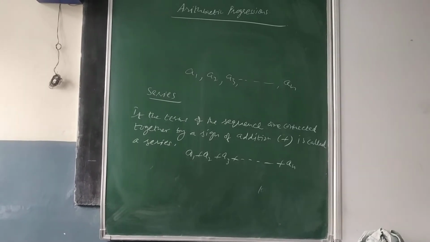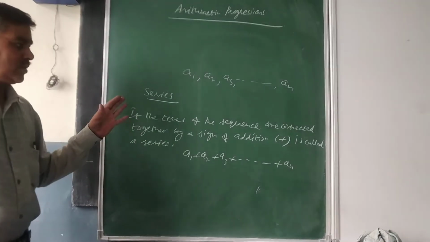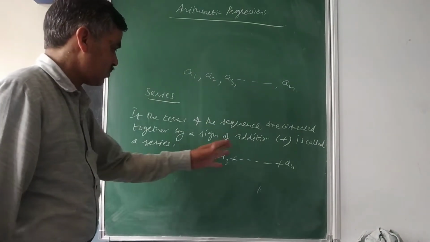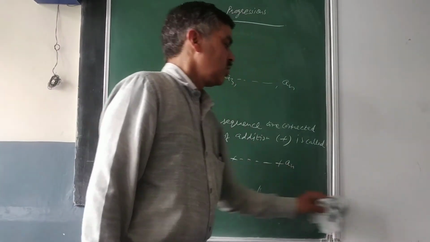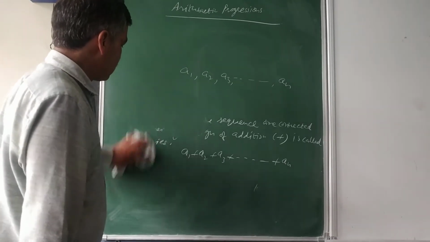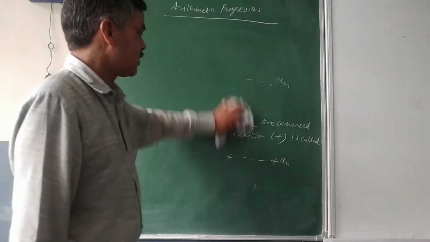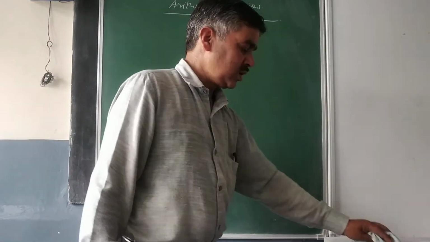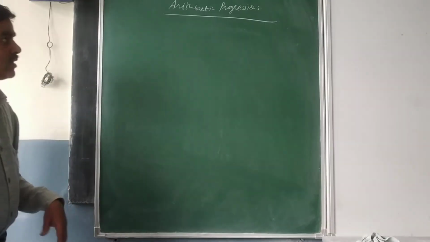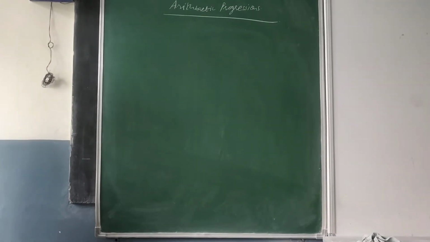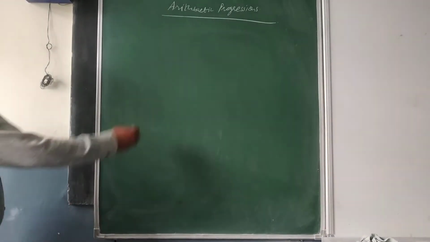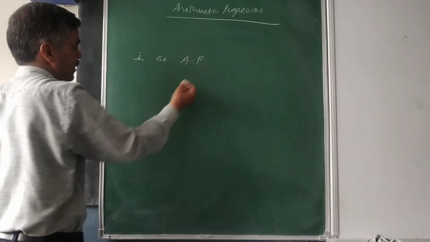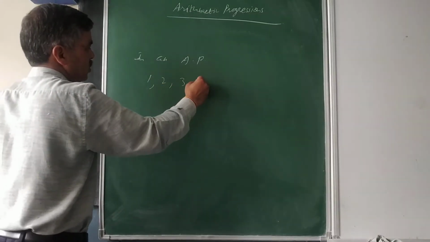Now let us come to this arithmetic progression. No doubt an arithmetic progression can be expressed in terms of a sequence and also in terms of a series. So how to study this? I have to follow a certain pattern to write the terms in a sequence or in a series so that I can call it an arithmetic progression. Suppose I have written 1, 2, 3, 4.